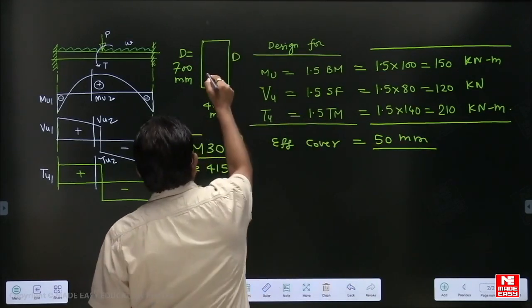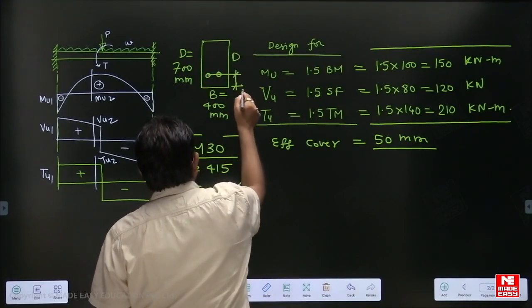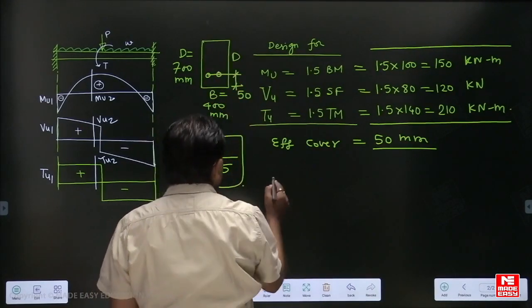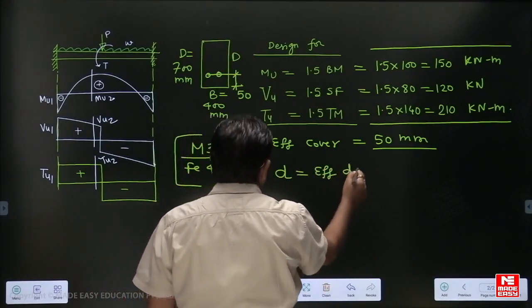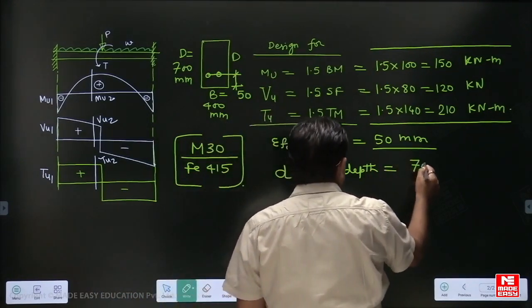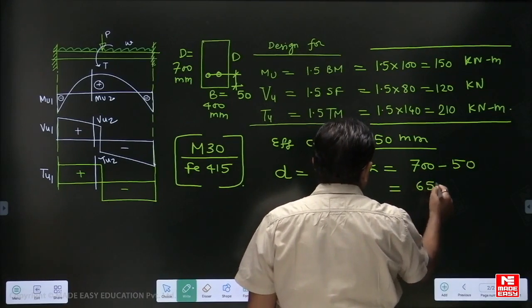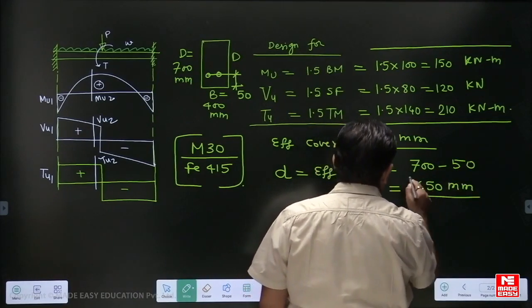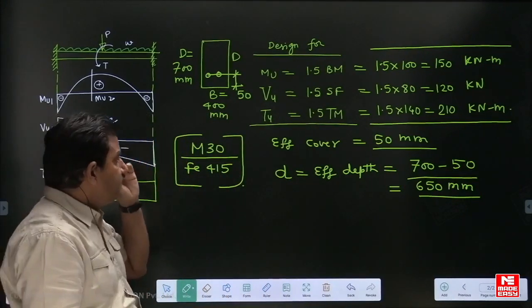Suppose these are the main bars, so from the center of these, the value is considered 50. So what will be the effective depth of the beam? Total depth is 700 minus 50, so this is 650 mm.